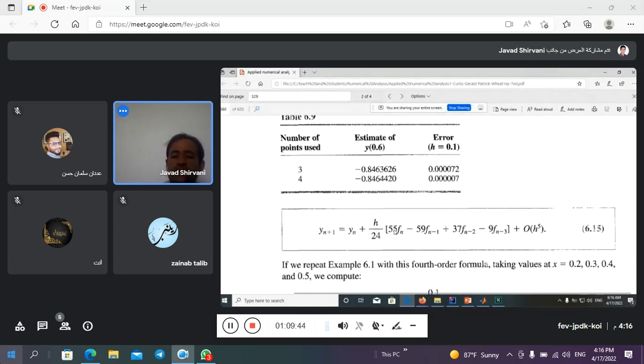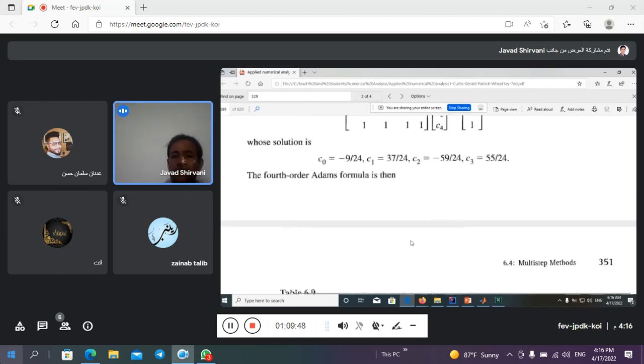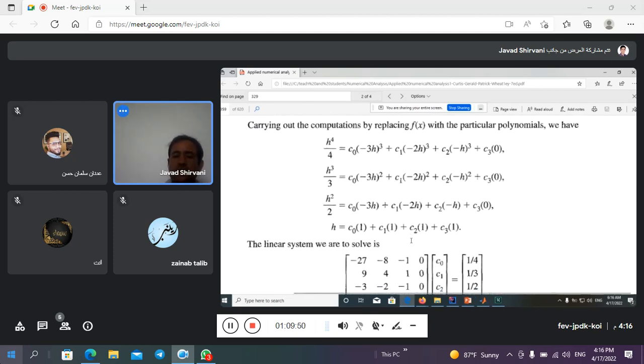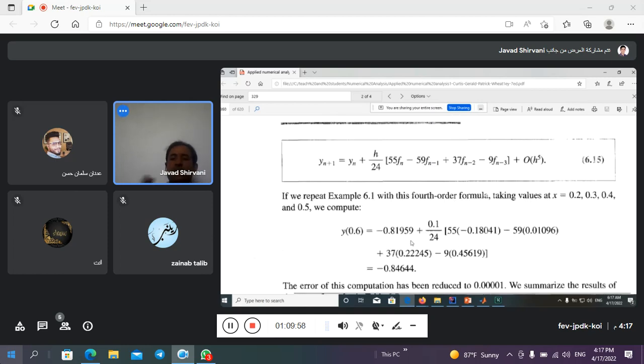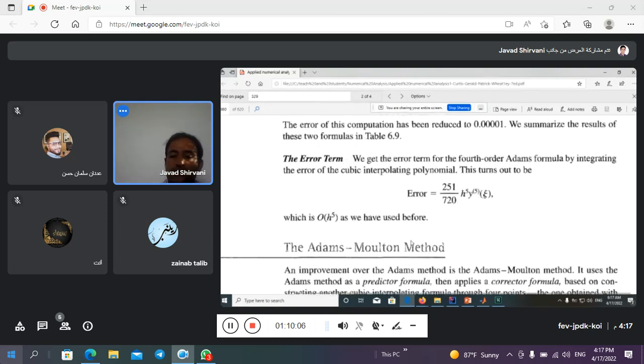These coefficients are obtained by solving this system of linear equations. You can use them and memorize these coefficients in your calculator and use them wherever we need.